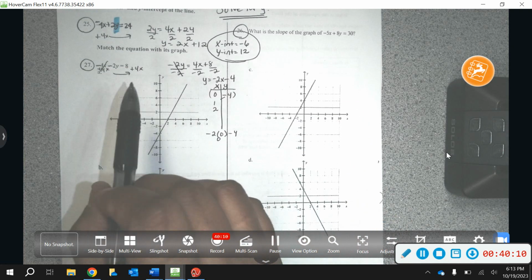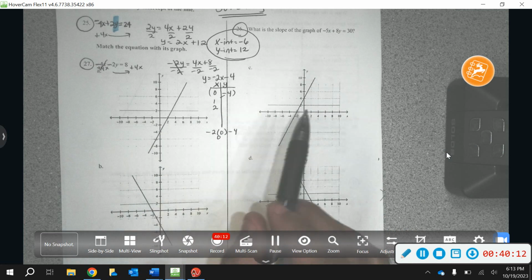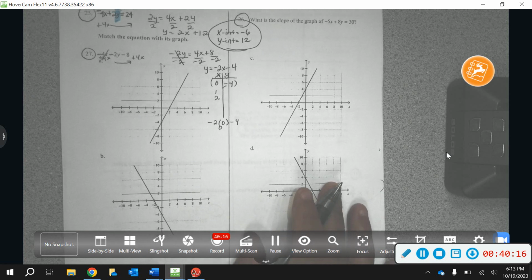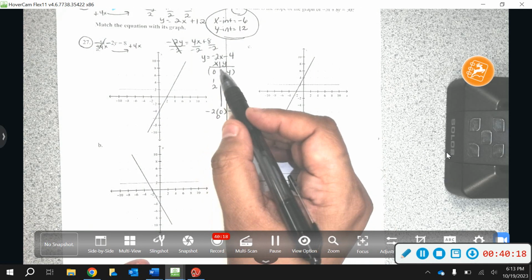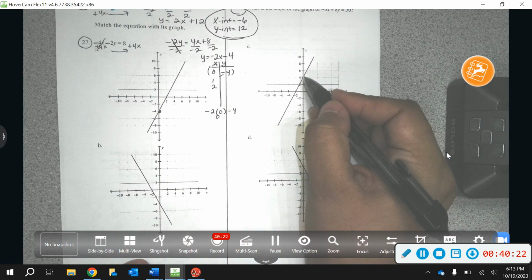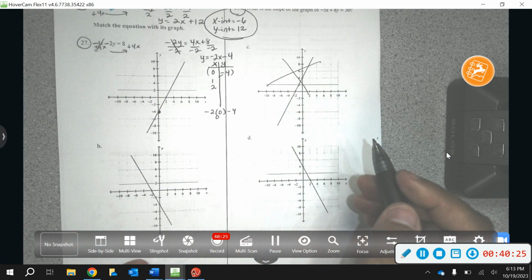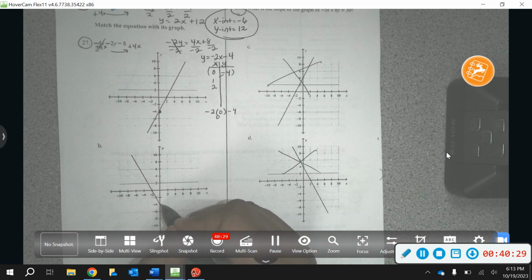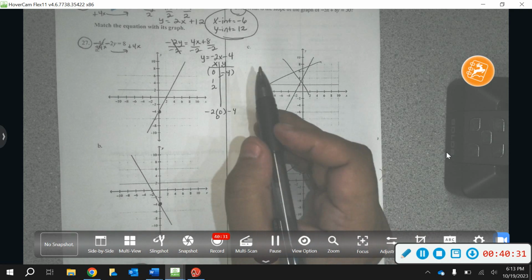Well, this part right here, that's not going to be multiple choice. That's going to be graphing manually. So I'm going to be graphing 0, negative 4. Well, this has 0, negative 4. This is not 0, negative 4, so that's not my answer. 0, negative 4, nope, that's not my answer. 0, negative 4, yes, that's my answer.